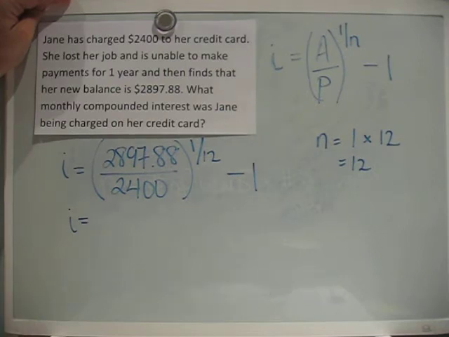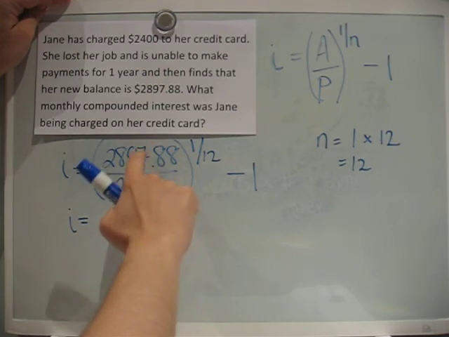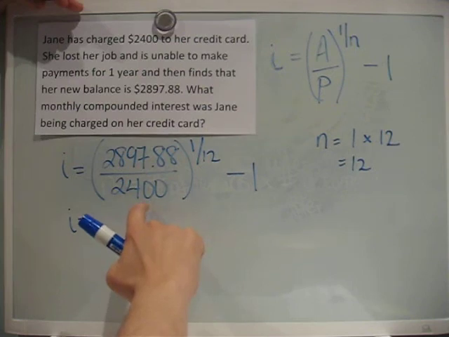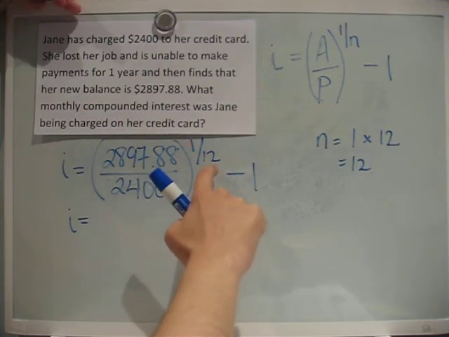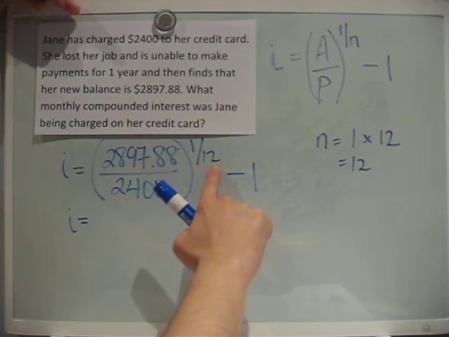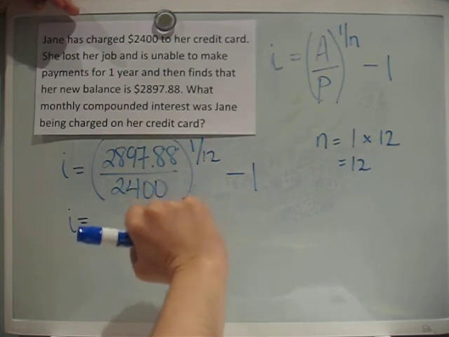Now when we calculate this, again we have to do it in the proper order. So complete your brackets. You're going to divide this value. Once you've divided that value, you can take it to the exponent 1 over 12. You can actually divide 1 divided by 12 to get 0.083 repeating, and then you can compute that exponent.